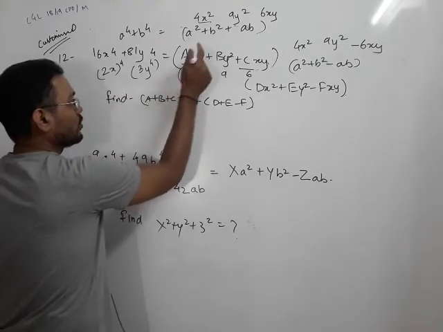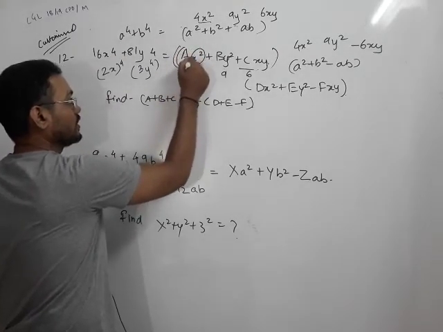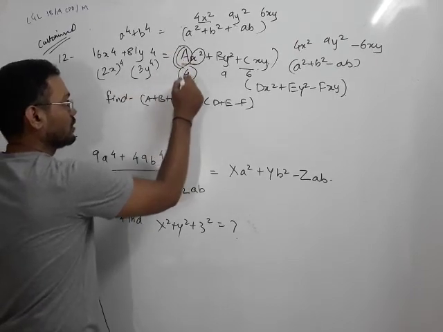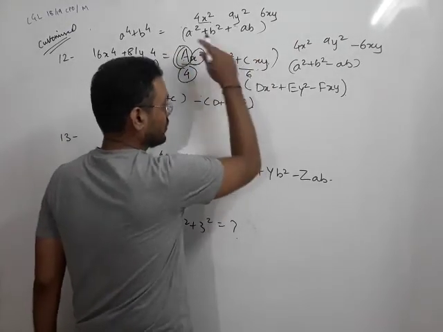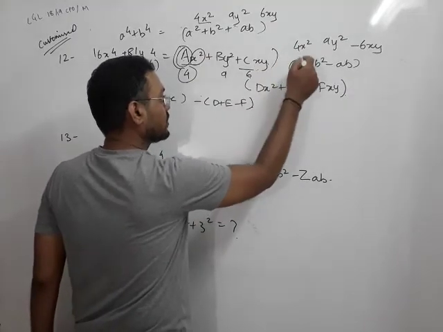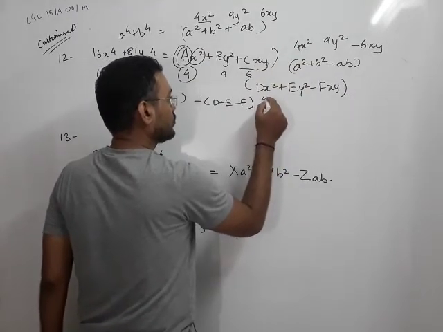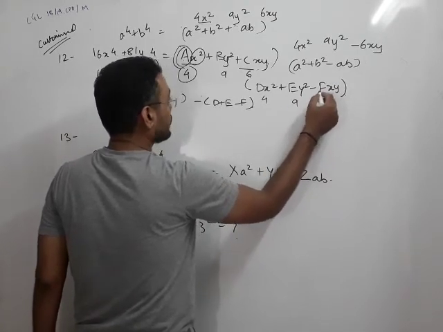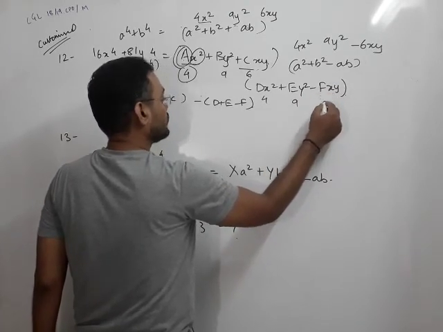So you have to find a square, because you have to find this capital A. So a square will give me 4x square, so my a becomes 4, b becomes 9, c becomes 6, equating. Similarly, you will get d is also 4, e also 9, f will become, because it is a minus sign, minus of 6.